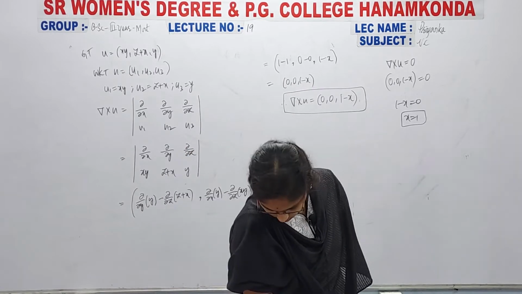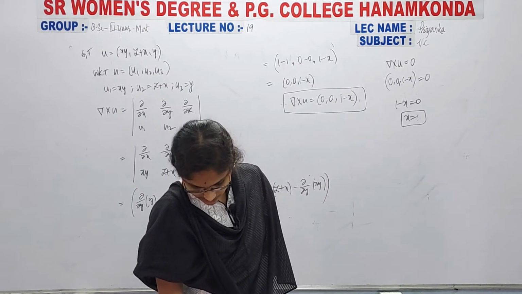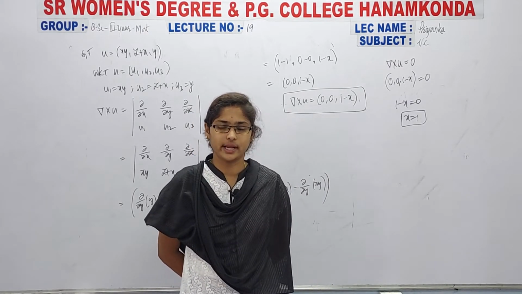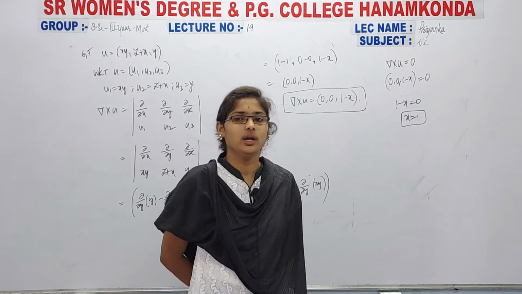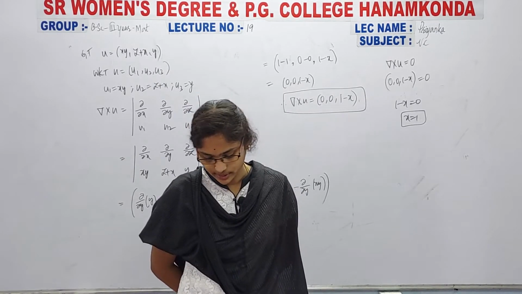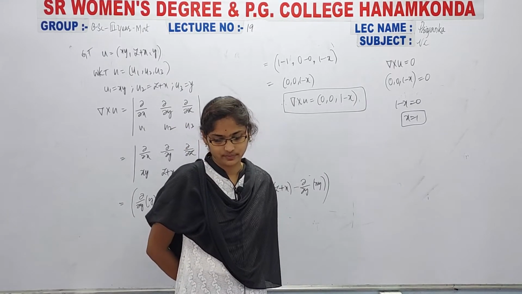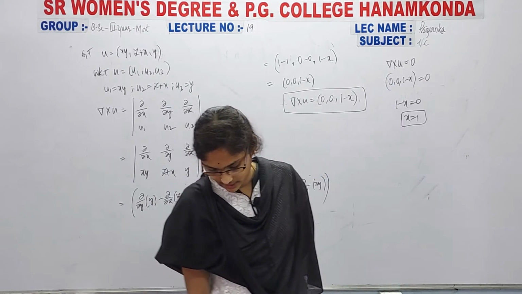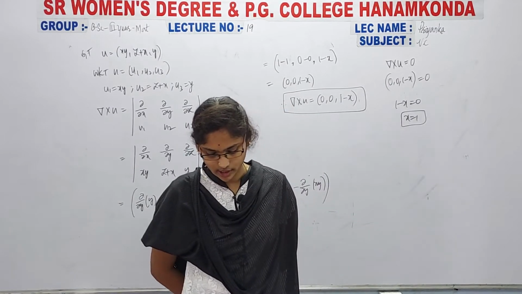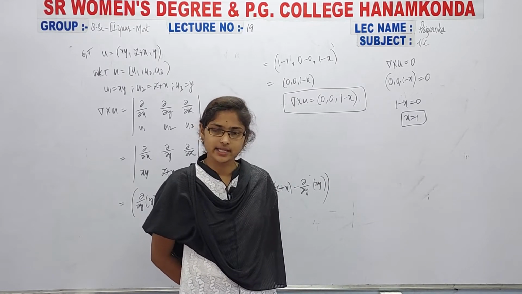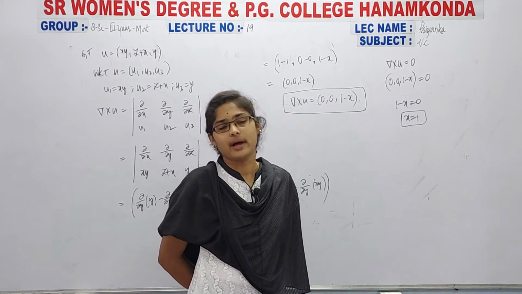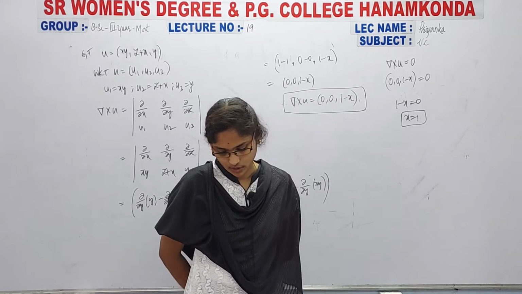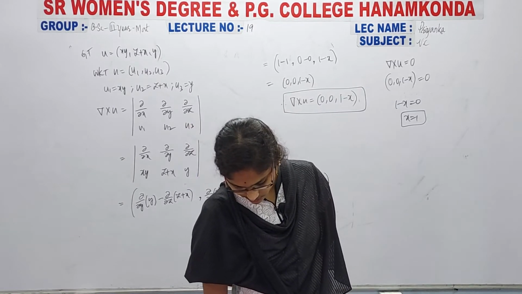The physical interpretation of the curl u is n dot curl u is equal to the limit as delta s tends to 0 of 1 by delta s times the integral over delta c of u dot dr. Once again, n dot curl u is equal to limit delta s tends to 0 of 1 by delta s times the integral over delta c of u dot dr.